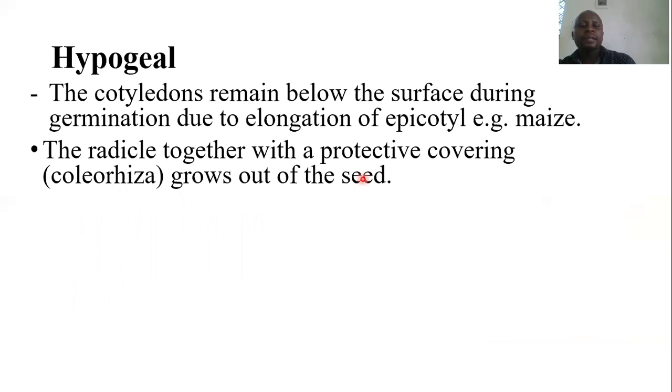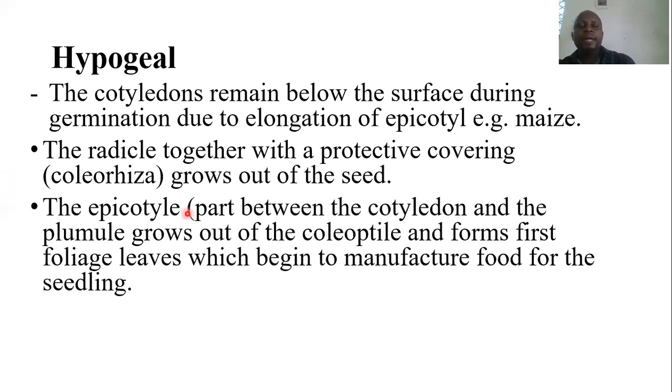Good. So we have said that the radicle together with the protective covering called the coleorhiza grows out of the seed and forms the roots. Then the epicotyl, which is now part of the shoot, the part between the cotyledon and the plumule, will grow out of the coleoptile and form the first foliage leaves, which begin to manufacture food for the seedlings. This happens when the coleoptile pushes through the soil to the surface, leaving behind the cotyledons.